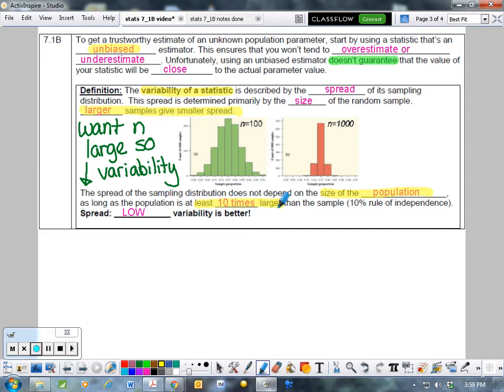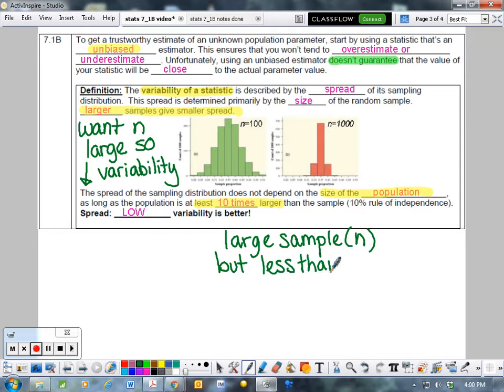So again, with n, we want a large sample, but we want it less than 10% of the population. That way we can use the independence rule, where we don't have to worry about independence as long as our sample is less than 10% of the population.